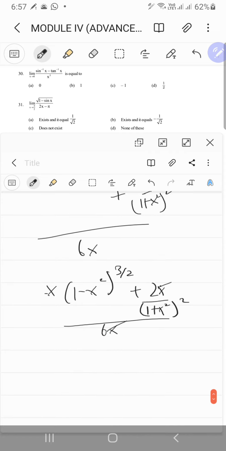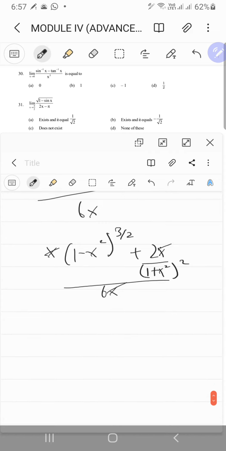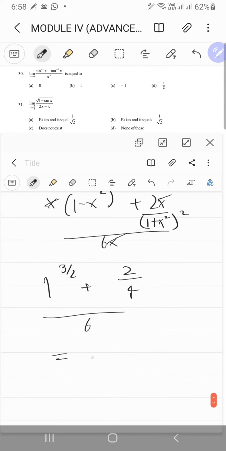X gets cancelled, and now let's try putting x equal to 0 into this thing. So now it's 1 to the power of 3 by 2 plus 2 upon 2 squared is 4 upon 6, right? So this thing is just 3 by 2 upon 6, which is 1 upon 4, I think. Is this 1 upon 4 or what? Yeah, well, this should be 1 power 3 by 2.